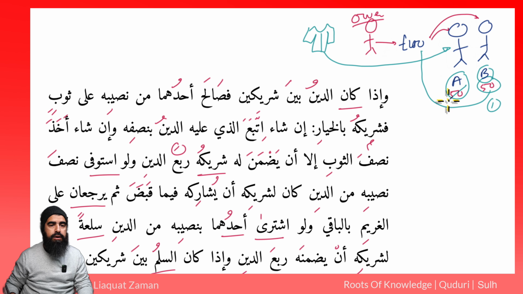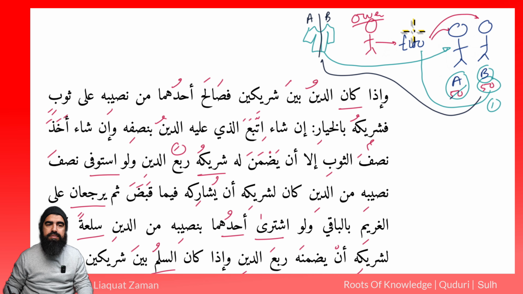So option number two is, he says, no, I want half the jacket. So 50-50, A and B both own this jacket. And then both A and B can now take the rest of the 50, 25 each. So 25, 25, that's 100 altogether. So they share the jacket, and also they collect the remainder 50 and split it between themselves.